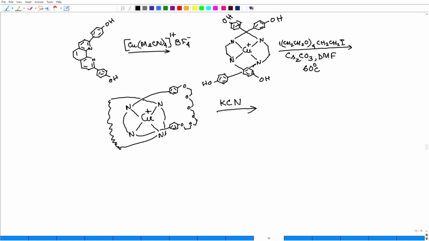It will take out copper(I), and I am ended with this. You should practice these structures at home.